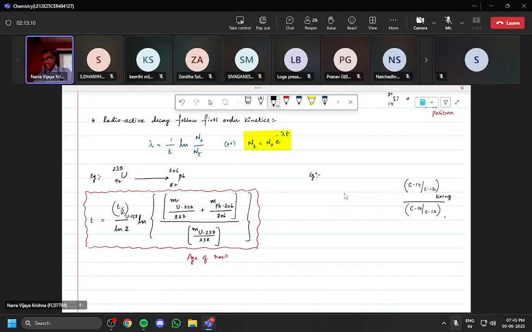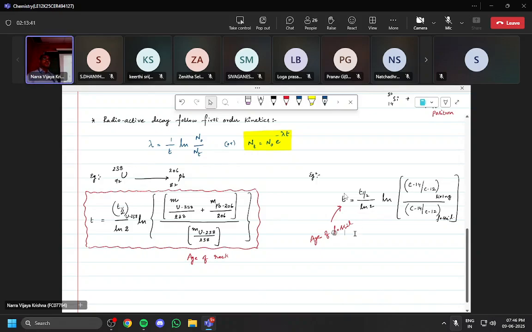Correct? So living upon dead, or can I call it as fossil? Take logarithm. What you got? Here I am writing t half upon ln2. Right? So by using this formula, what you calculated? Age of fossil.